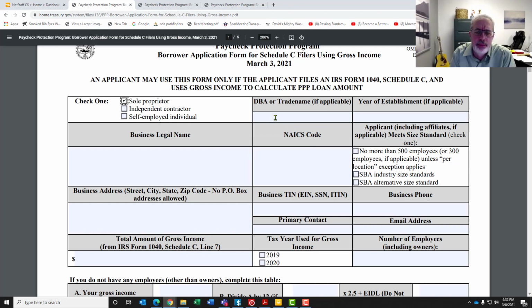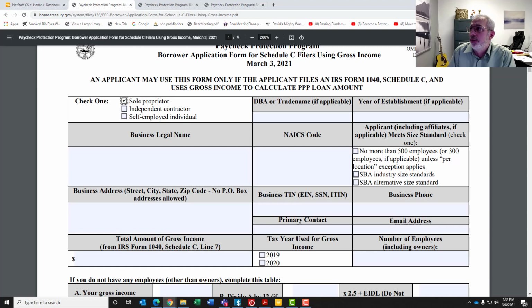This is your trade name. So if you have a business name and a trade name that are different, go ahead and put your trade name here, as well as your year of establishment, and then your company name. Put in the full name. So if it is Doug Burson LLC, go ahead and put it all in, the full legal name, and then your NAICS code. So some of you may not know what that is.